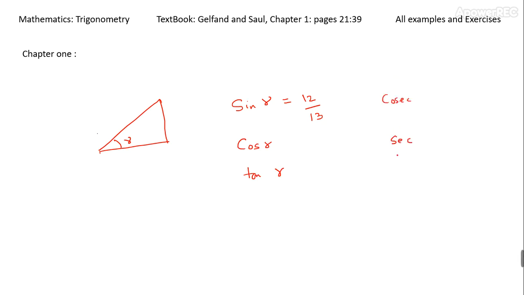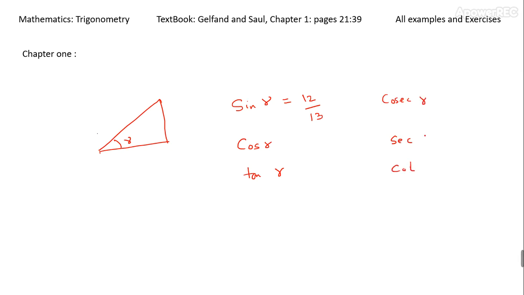The first thing that comes to my mind is, given an acute angle, if you are given the value of any of the trigonometric ratios, let's say you have sine of gamma, and the value is given, let's say it's 12 by 13, then it is very easy to find the values of all other trigonometric ratios, let's say cos, tan and cosec, it doesn't matter, sec, cot.